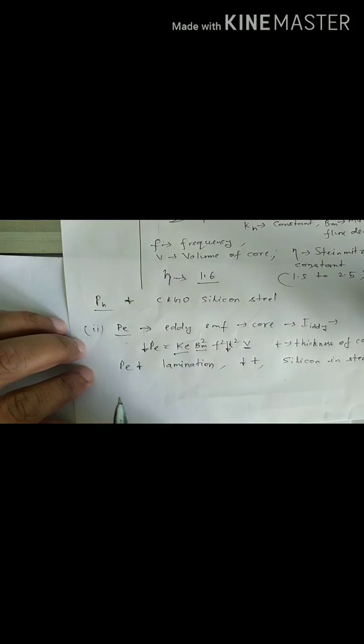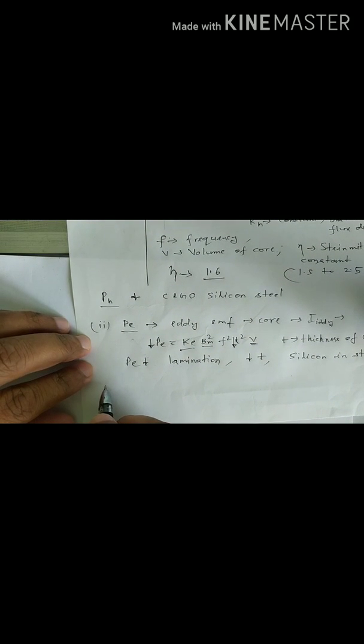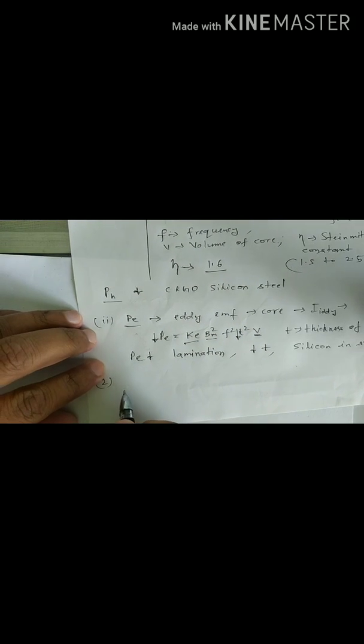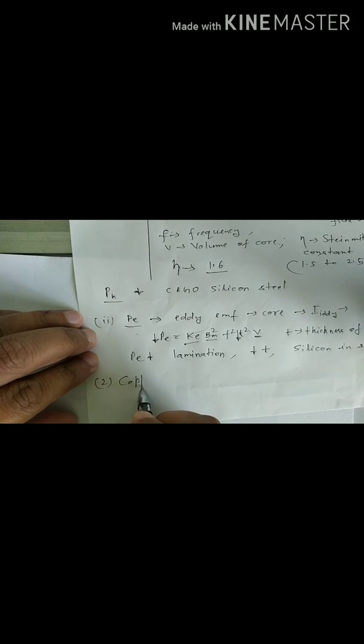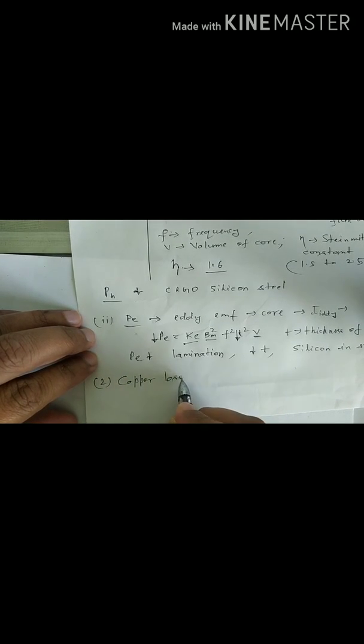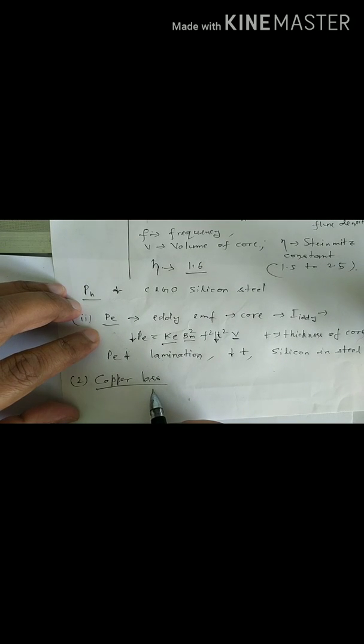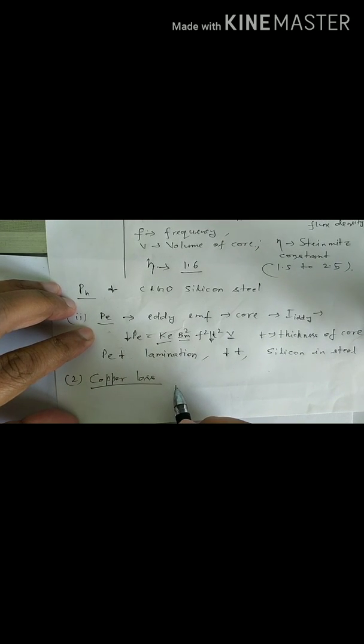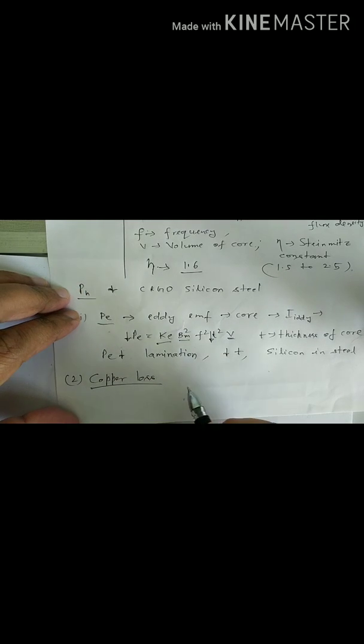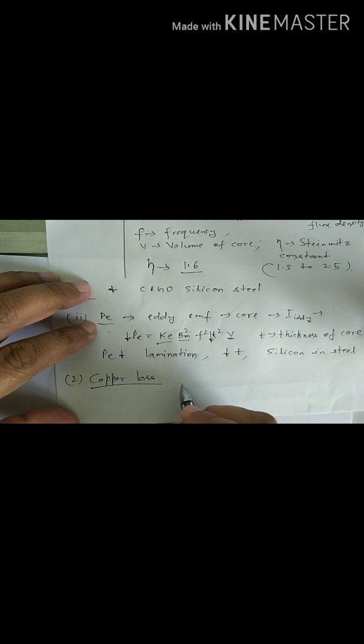Coming to next loss, that is copper loss. We know that the transformer primary and secondary windings are made of copper or aluminium, so these windings will have resistance.